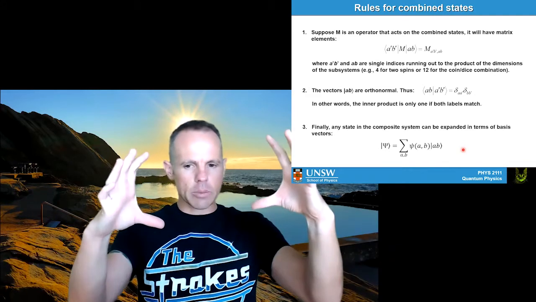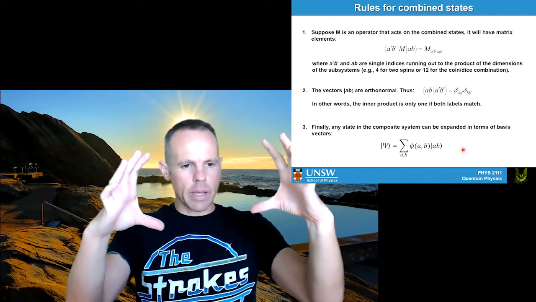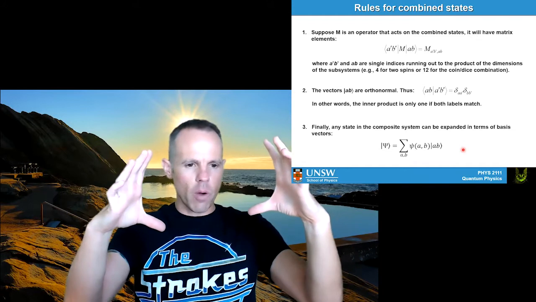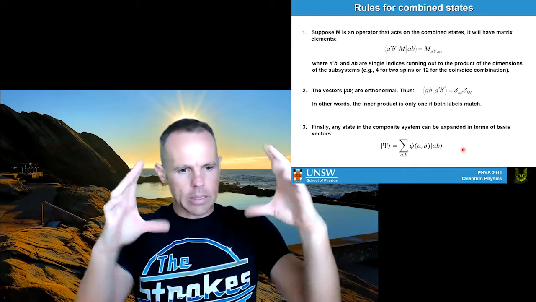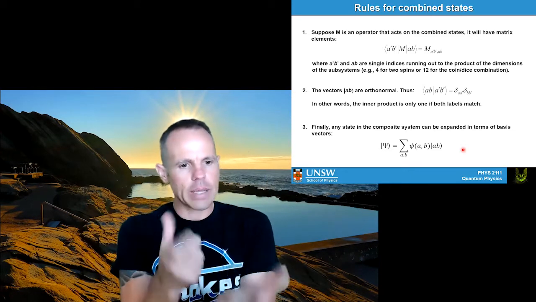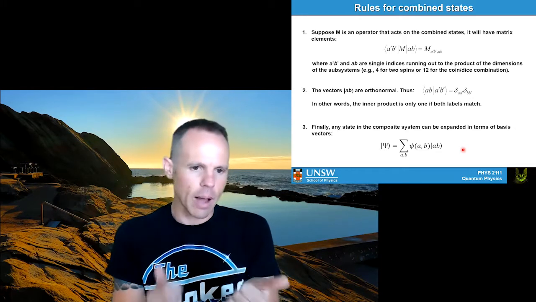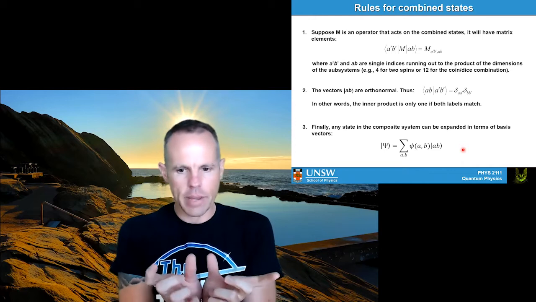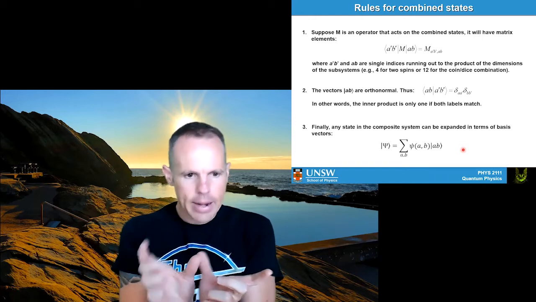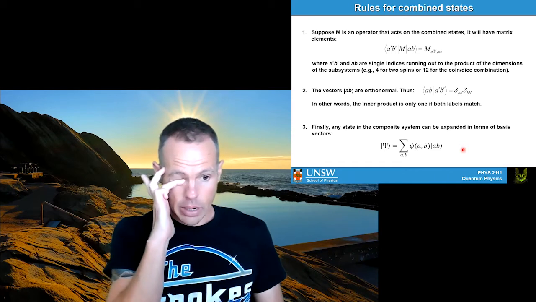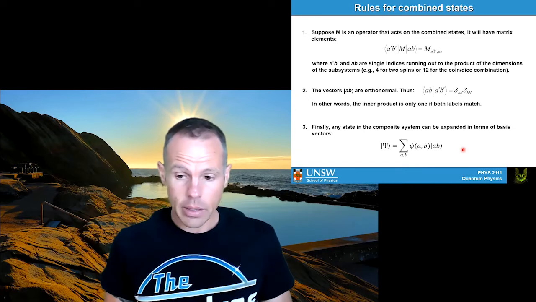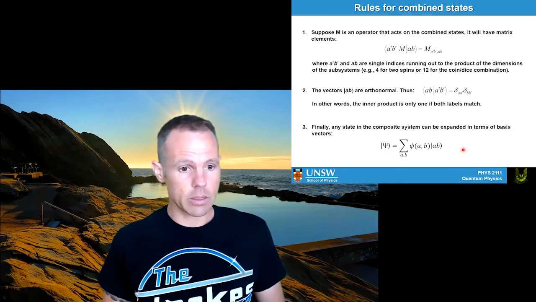And then the combined space would be a 4-dimensional complex vector space with 4 by 4 matrices. The basis vectors would be some combination of up up, down down, up down, down up. Those are the 4 dimensions that we define. And then any vector in that state can be written as a linear combination of those basis vectors, okay?